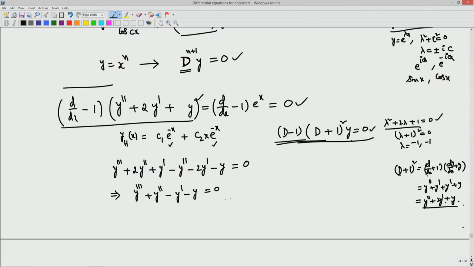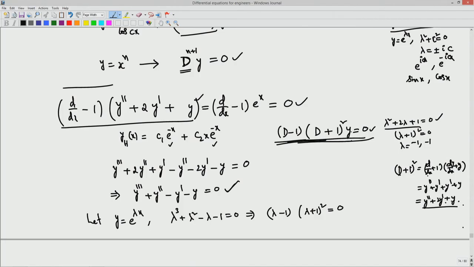If you actually substitute y equal to e^x, now if I find the homogeneous, what is the general solution of this equation? How do I do that? We choose lambda satisfying lambda³ + lambda² − lambda − 1 = 0. Or you can also write (lambda − 1)(lambda + 1)² = 0.